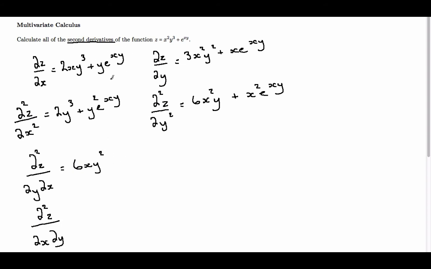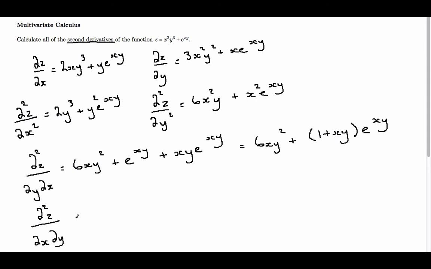Now we need to use the product rule here. So we get plus e to the xy plus xy e to the xy. And we can simplify this a little bit. We can just factorize out an e to the xy out of these two terms to give us 6xy squared plus (1 plus xy) e to the xy.